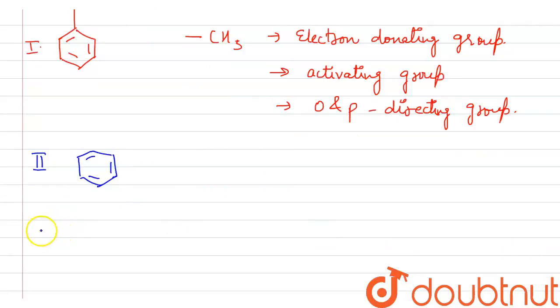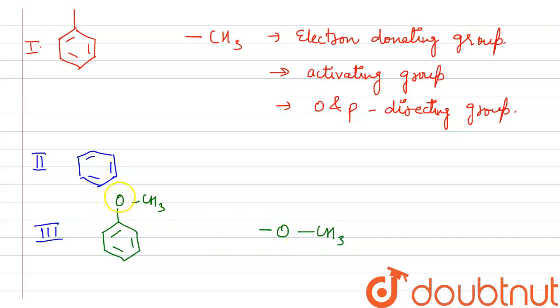For the third structure, it is given a benzene ring with a methoxy group, right? So it is anisole. The methoxy group is OCH3, right? Now we know that oxygen has electron pairs, so oxygen will give its electron pairs to the benzene ring here, and the electron density over benzene will be increased.